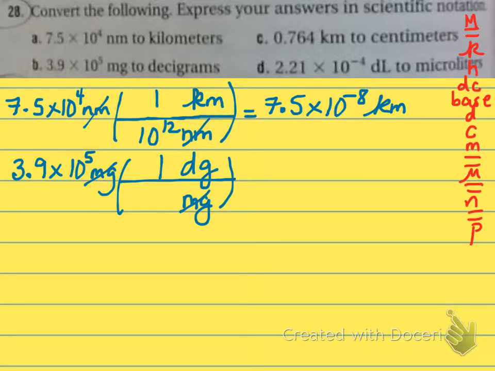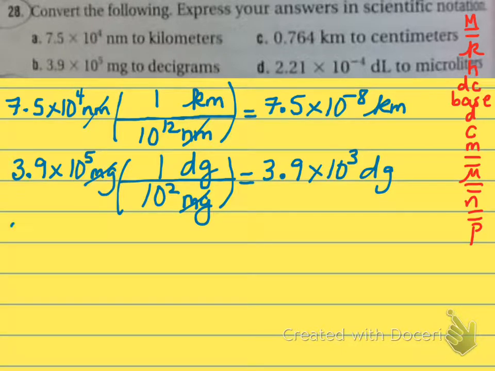And again, I start at deci and I go 1, 2, so that's just 10 to the second, or 100. So that's going to be 3.9 times 10 to the third decigrams.